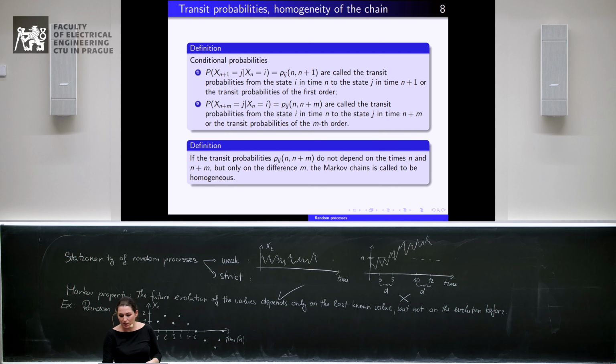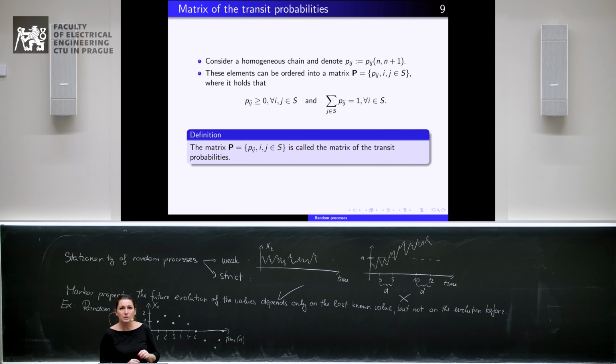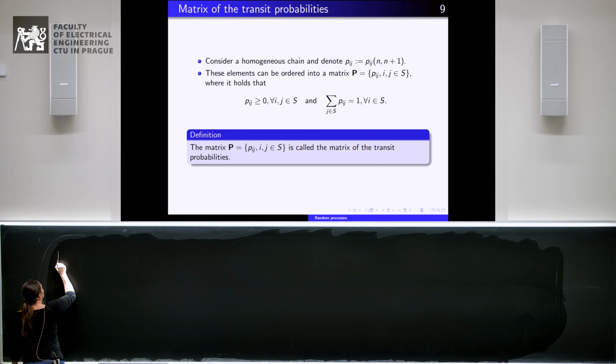And these probabilities can be ordered, put into a matrix, which is called the matrix of transit probabilities. It will be easier to show you an example. And the example is the following.